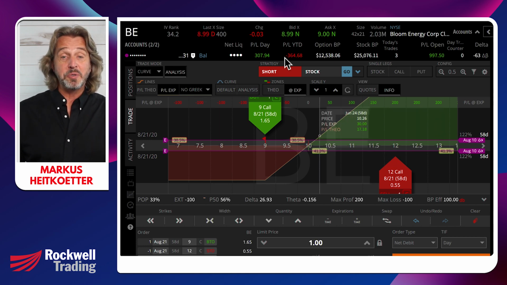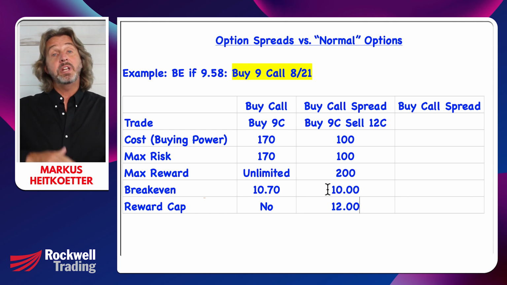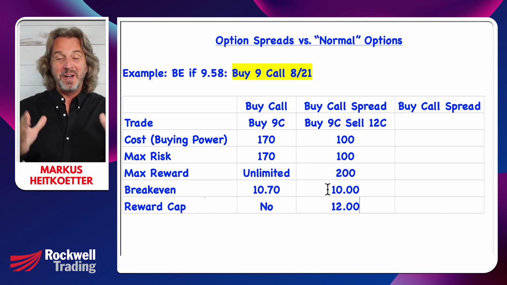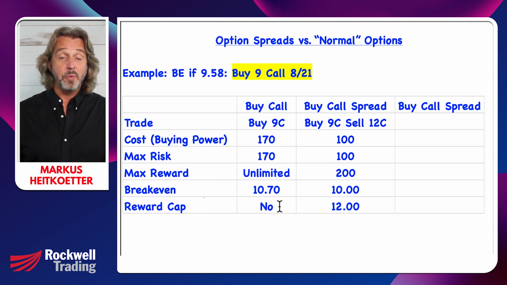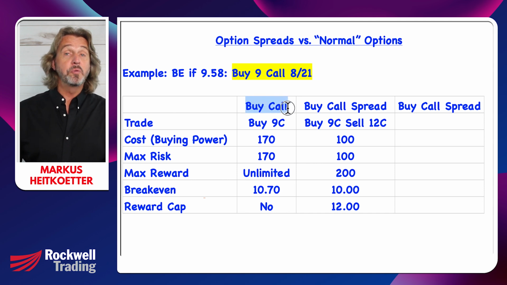So if it moves up to 12, you're no longer benefiting from a move to the upside. Okay, so this means that if this stock explodes from $9 to $20, you're still only making $200. Here, we talked about it earlier, when you would buy the call and it moves up from $9 to $20, you're making what, like $1,500. So here, it is very important that you have a cap.